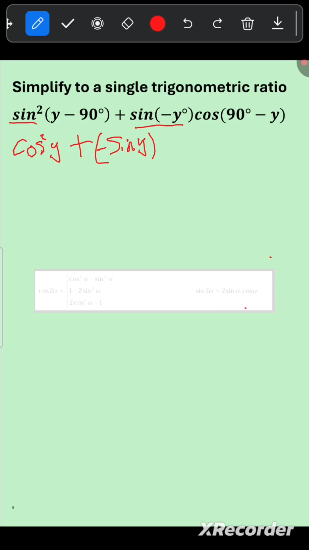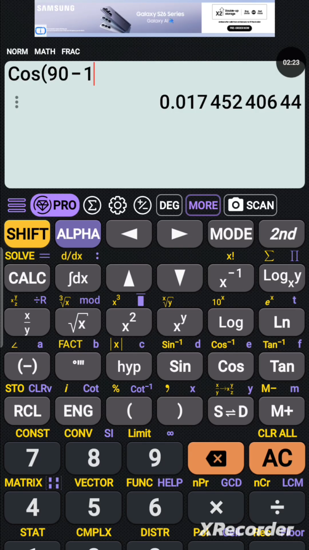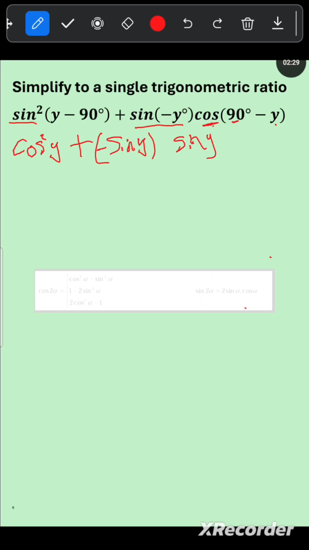Then cos changes. Because there is 90, the cos changes and it becomes sine y. Then you determine whether the sign is positive or negative by replacing the y with 1 degree. So I find out that this is positive. Right, so positive.